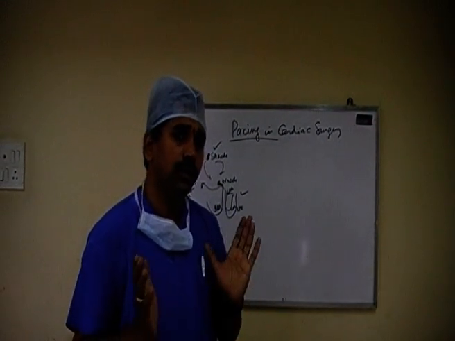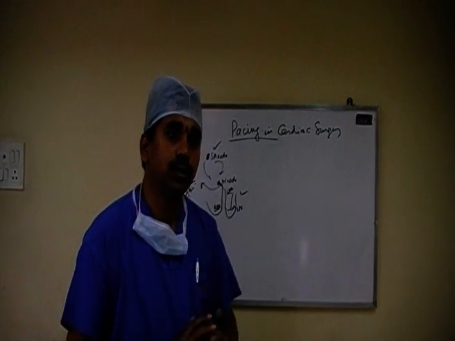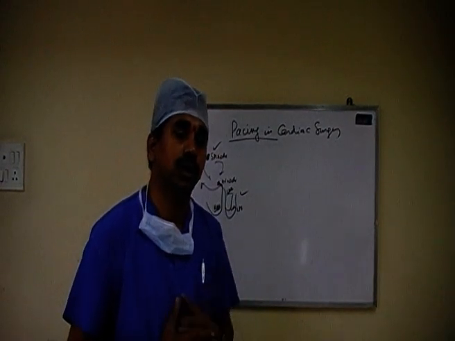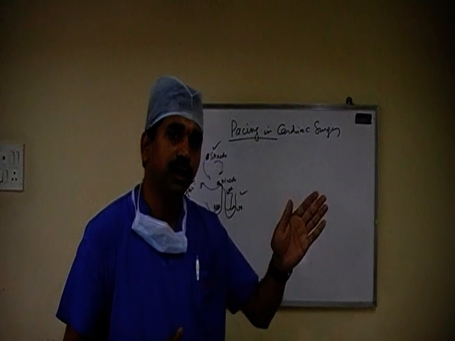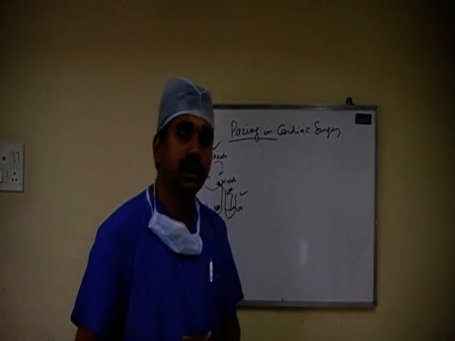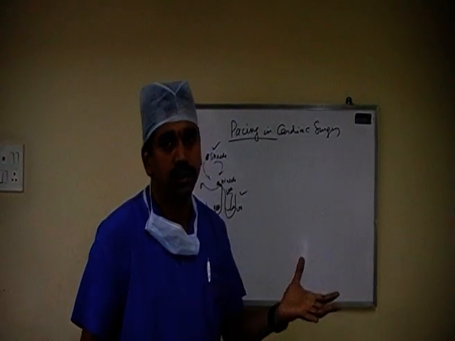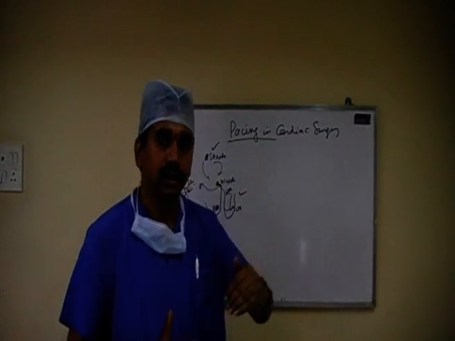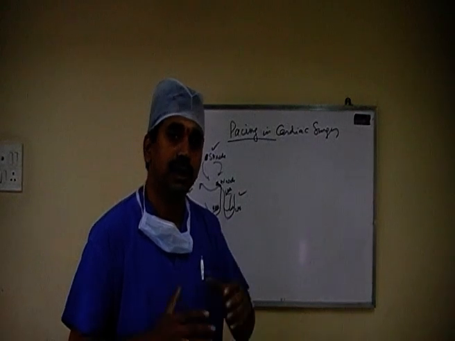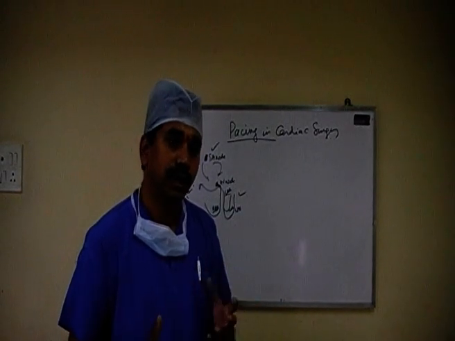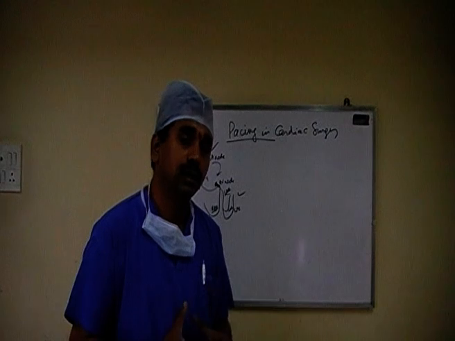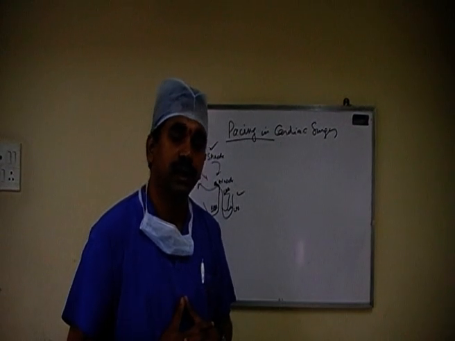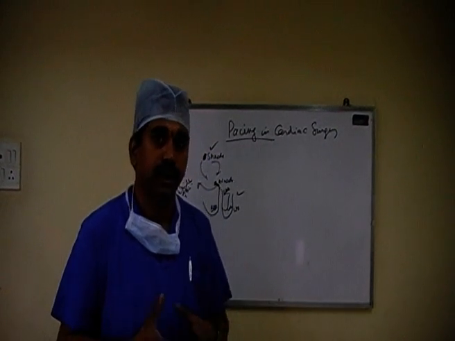And also, when you start pacing, it is very important to know whether the pacing is helping the patient or not. Because with each pacing beat, if there is no arterial pulse trace, then there is no point in just pacing. So you should see that there is a corresponding arterial trace, which means the heart is really pumping blood and it is helping. If it is not helping, then the problem is more serious and it needs expert help.